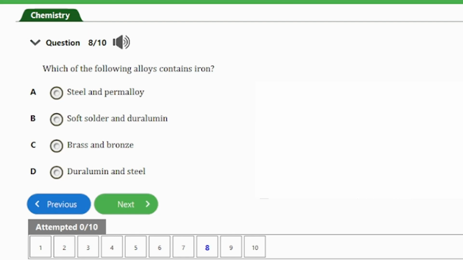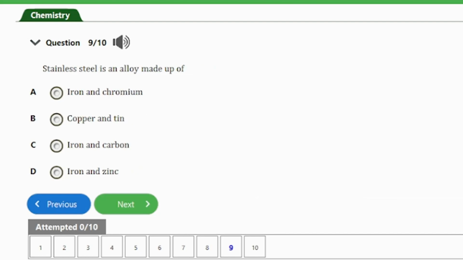So guys, the answer to this question is option A, and that's steel and permalloy. Steel and permalloy contain iron. Steels contain iron and carbon, whereas permalloy contains iron and nickel. So these two have a mixture containing iron. So guys, that's the answer to this question. So let's consider the next question.